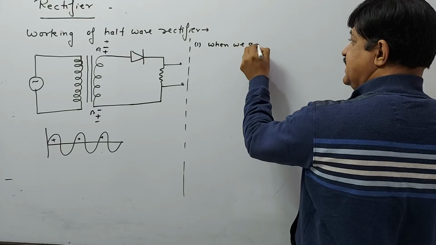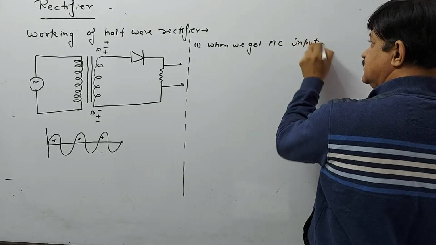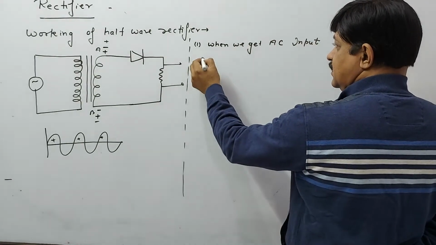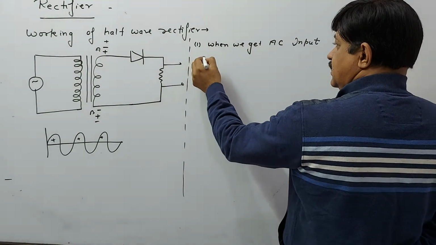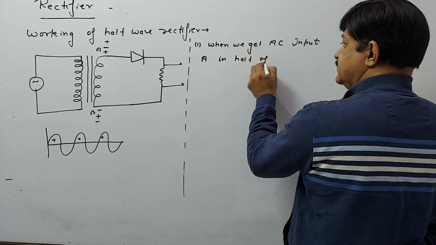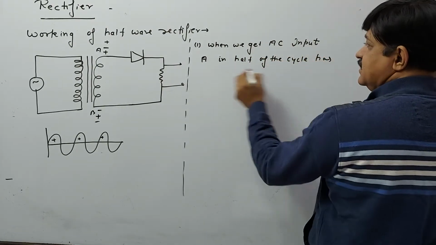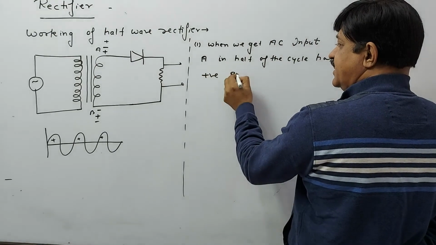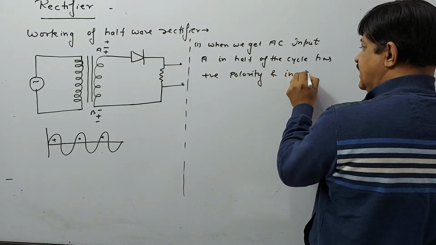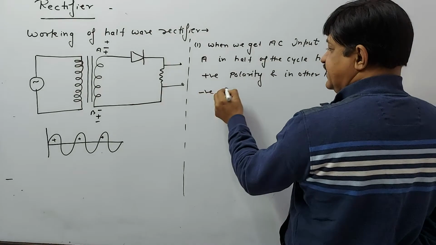When we get AC input, A in half of the cycle has positive polarity and in the other half negative polarity.